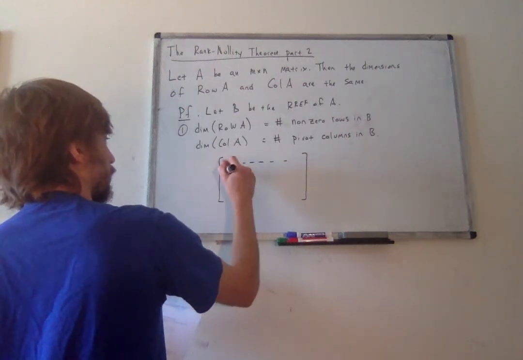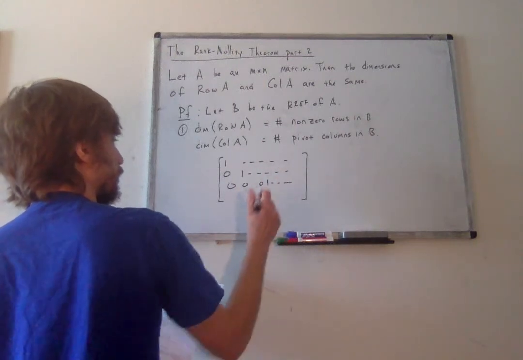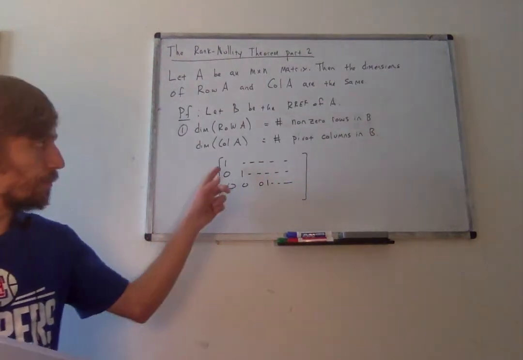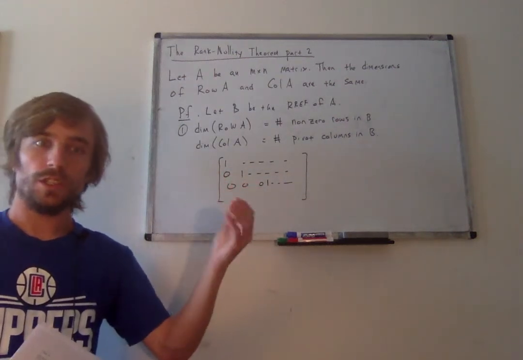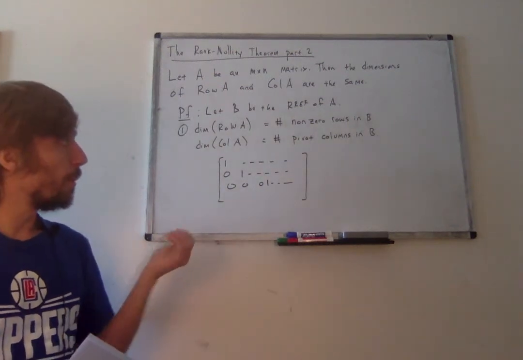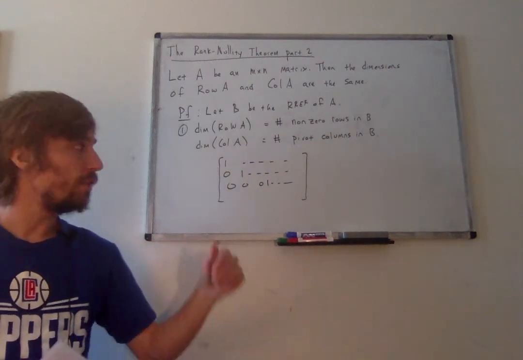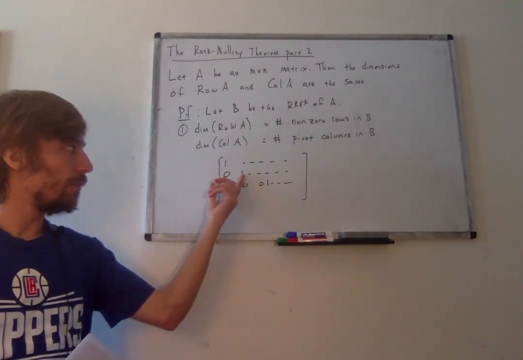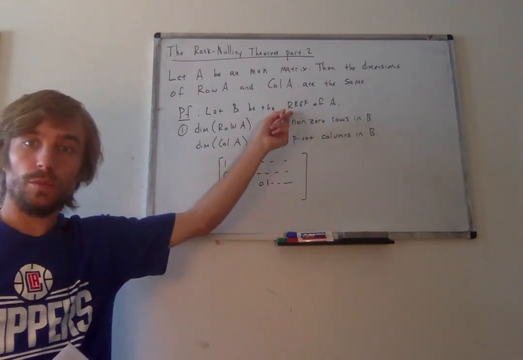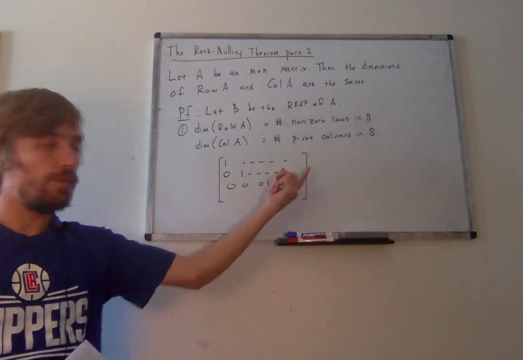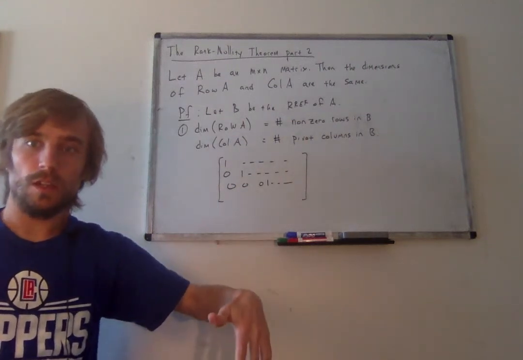If you think about how row reduced echelon form works, every time I have a non-zero row, if this matrix is going to be in row reduced echelon form, that non-zero row has to correspond to a unique pivot column. If it doesn't, then the first non-zero entry in the row is too far to the left, and B isn't a row reduced echelon form matrix. But if the leading one is far enough to the right, then it has to be a 1, meaning it has to be a pivot column.